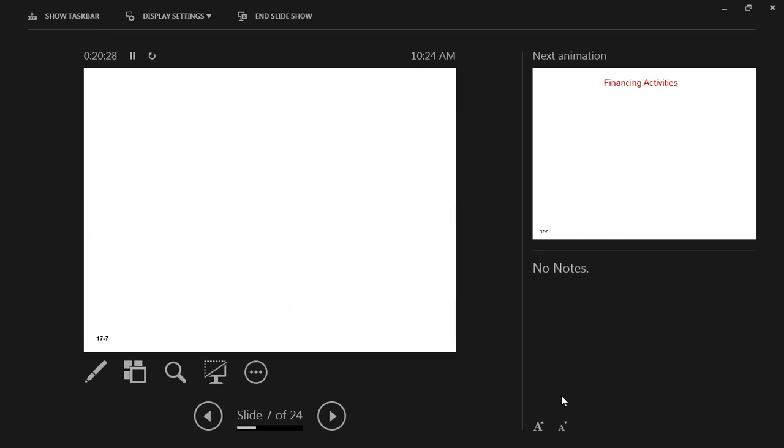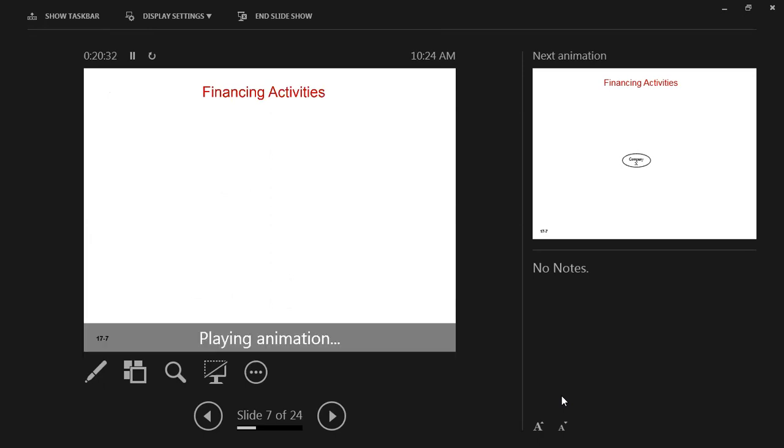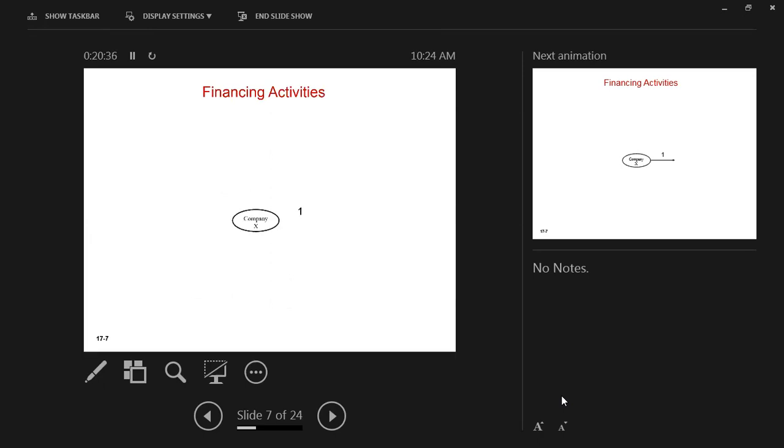Now financing activities. Again, you can see this diagram. First example, here company X is your company. Now, what is the meaning of financing? Financing means your company do not have enough money. So your company is going to collect the money.